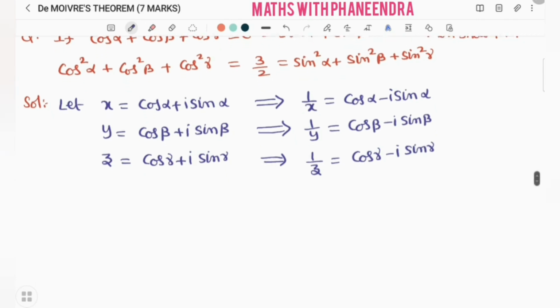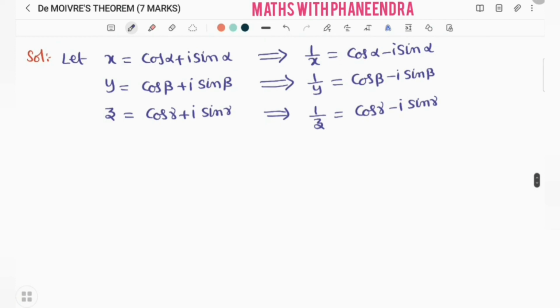So adding x, y, z as well as the reciprocals. First we will consider x plus y plus z is equal to. So here first all the real parts I am adding: cos alpha plus cos beta plus cos gamma. Dear students, observe that these are the real parts.